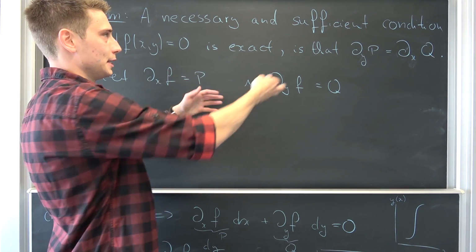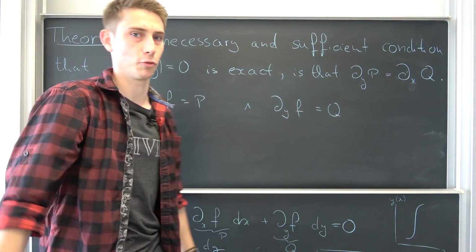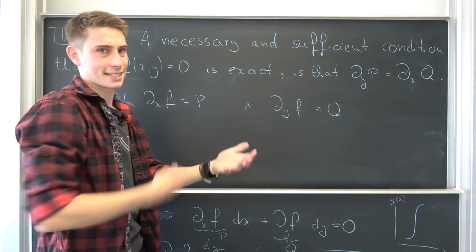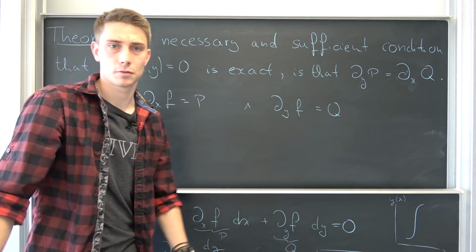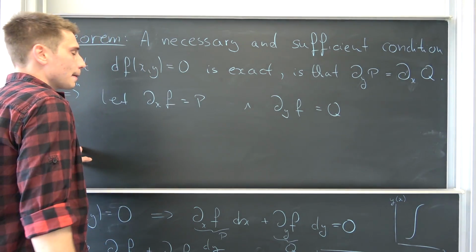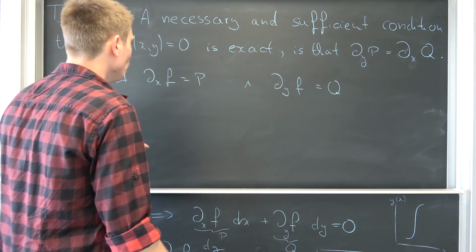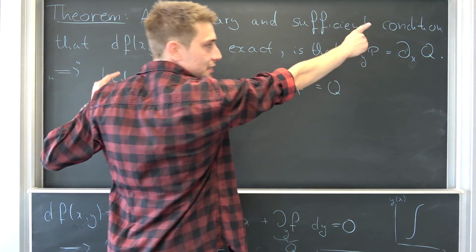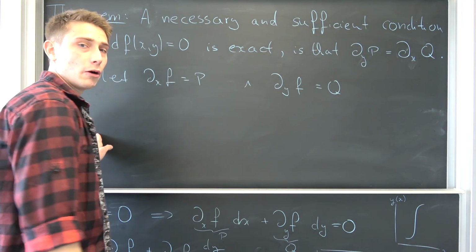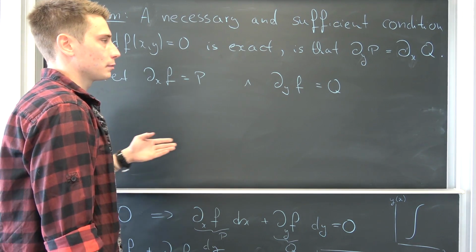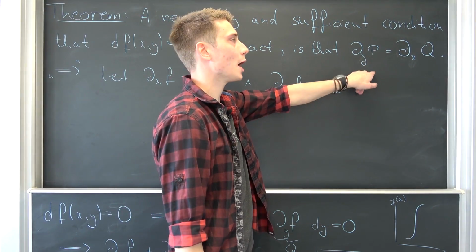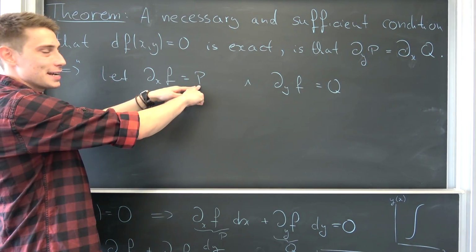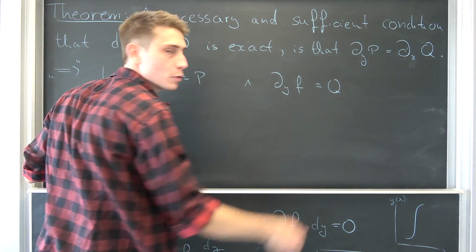Just take a look at Wikipedia if this doesn't ring a bell for you. There are many theorems out there which basically state the same thing. This is just what I'm working with. So now we are going in this direction, meaning what we want to show is that del y p is the same as del x q. How can we show this? Well, why not just differentiate p with respect to y and q with respect to x?